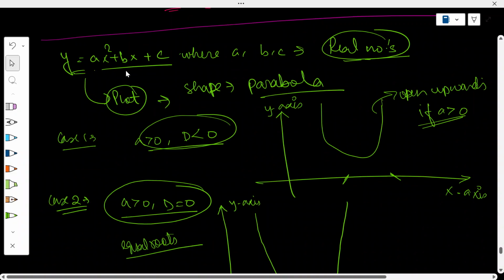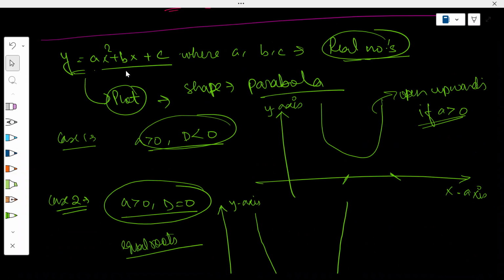Then we tried to understand the graph, how we can plot the equation ax square plus bx plus c in an xy plane. Here a, b, c are real numbers. Any number is a real number, only complex numbers are other than real numbers, and complex numbers have an under root of minus something.